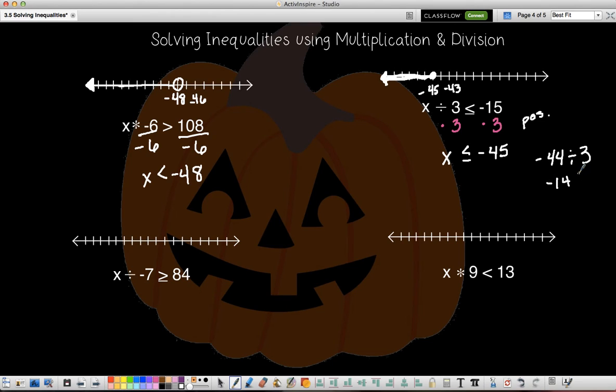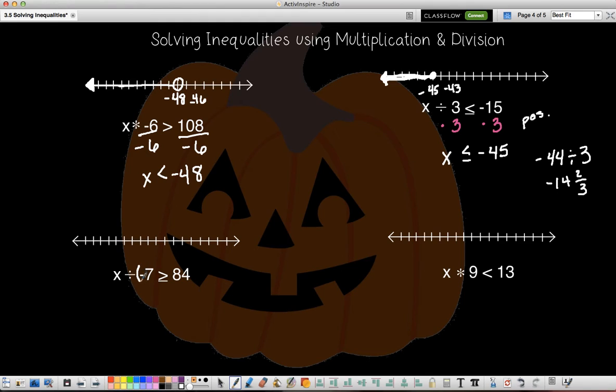So I get negative 14 and 2/3. Well, negative 14 and 2/3 definitely is not less than negative 15 because we're working with negatives. Negative 14 and 2/3 is bigger than negative 15 in negative world.